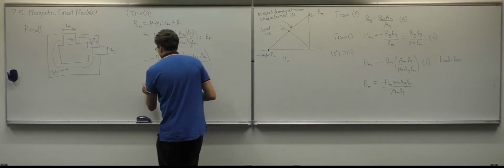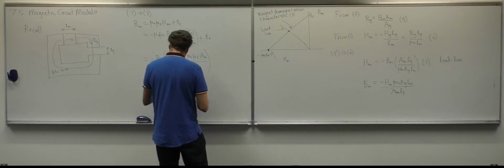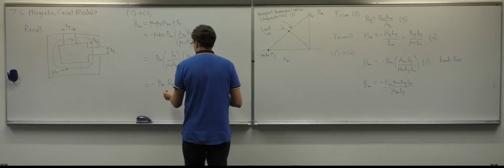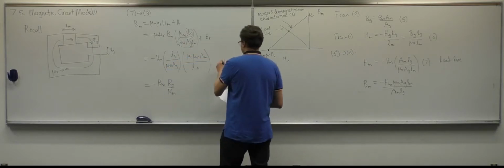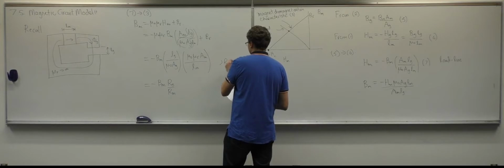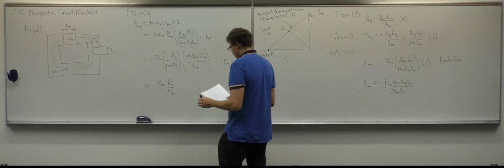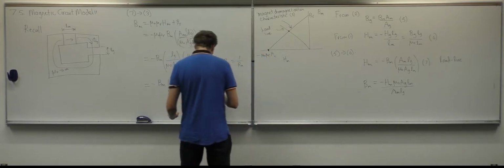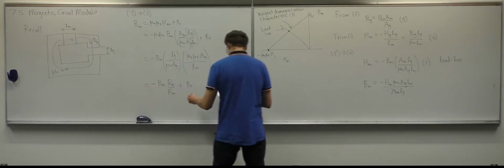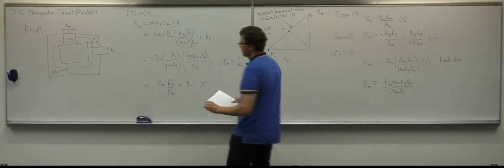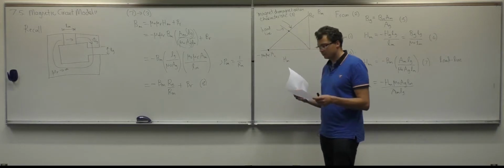So we can then write minus Bm Rg divided by Rm. Remember, permeance is equal to 1 over the reluctance, plus Br. That's equation 8. Any questions?